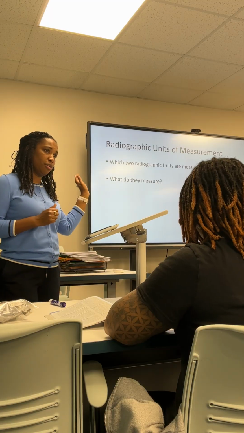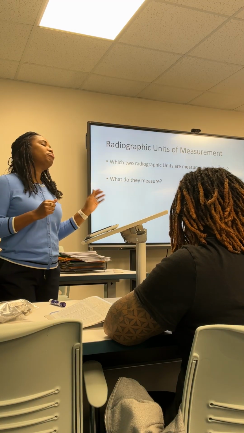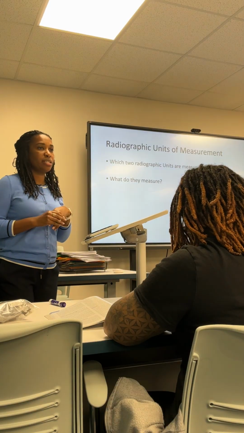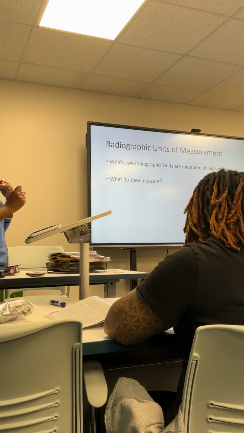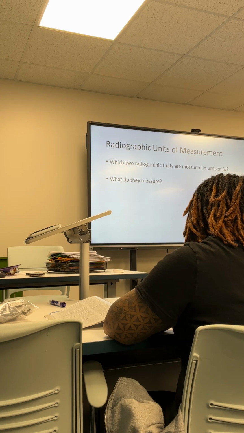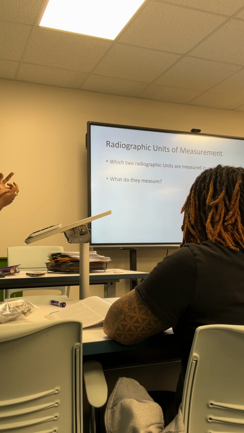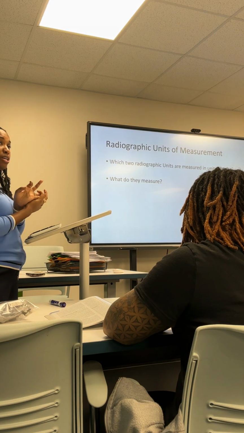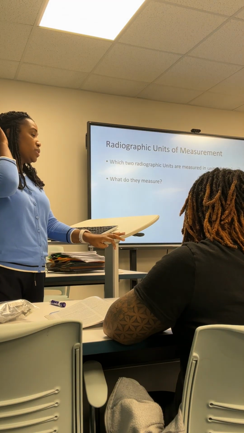What do they measure, y'all? How it biologically affects. Very good. How it biologically affects the patient. Y'all got that? So equivalent dose and effective dose. It may say dose equivalent, same thing. Both measured in sieverts. They measure the biologic response based on the radiation that the subject was given.